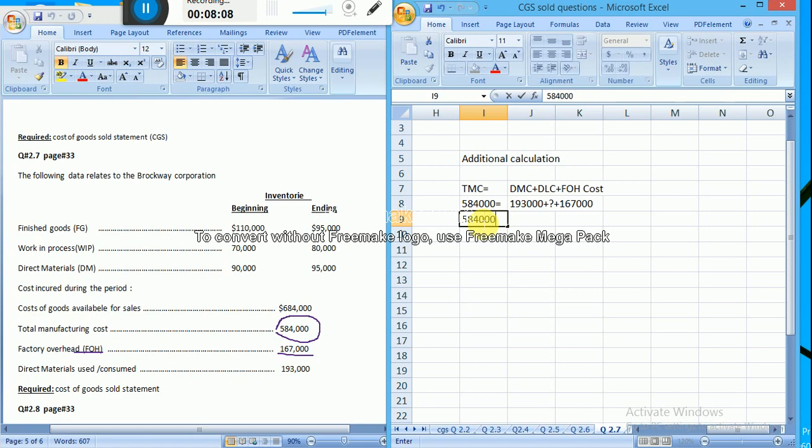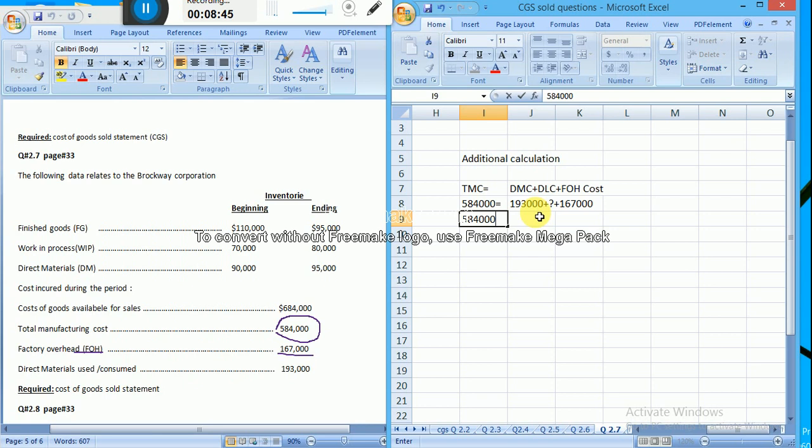5,84,000 will remain in its place. To find out this missing item, I will transfer the direct material cost and factory overhead cost to the left hand side of the equation. So when I transfer these to the left side of the equation, their sign will be changed. Plus will become minus and minus will become plus.